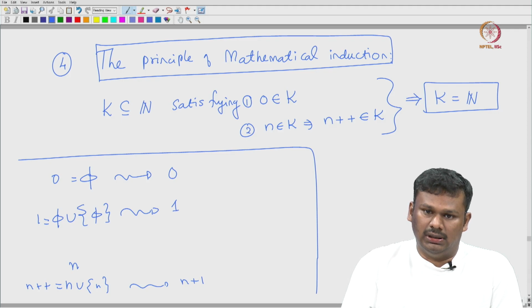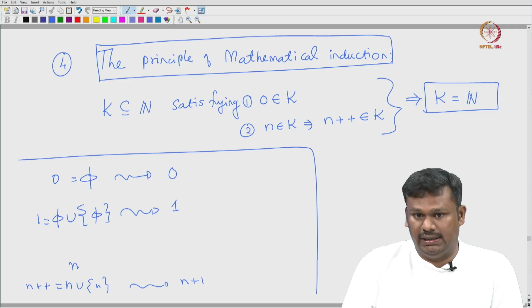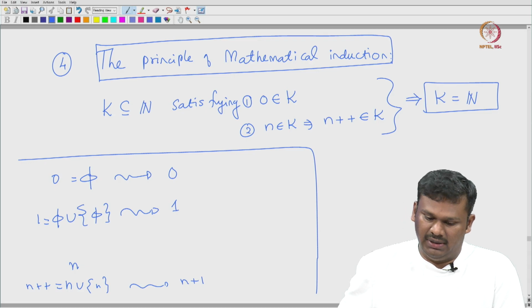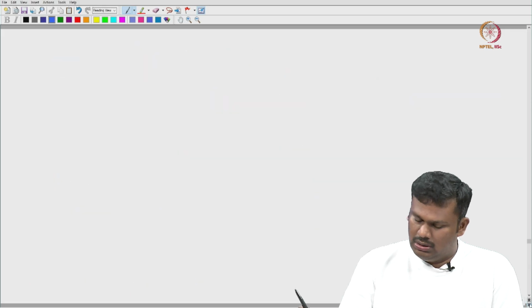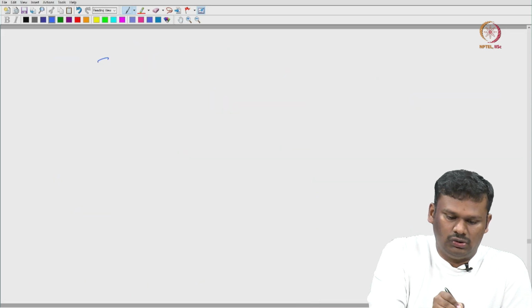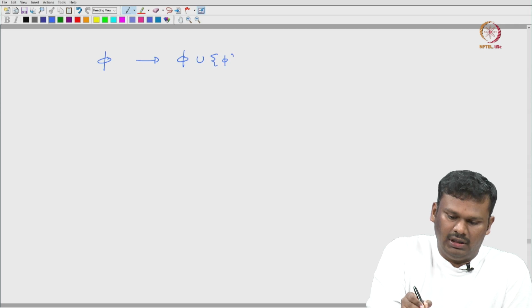The axiom of infinity guarantees that this set exists, because this is a subset of the guaranteed infinite set containing the empty set. Let us go through this once more with a little example. You have started with the empty set, and from here you have gone to empty union empty. So this is 0, this is 1.